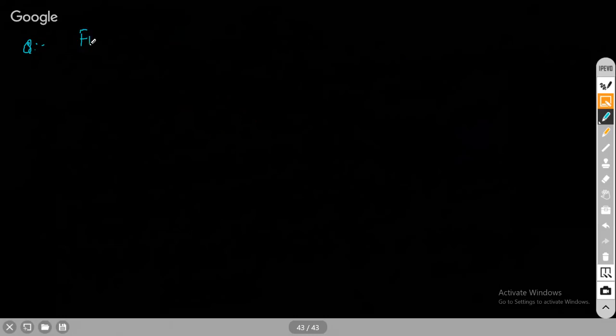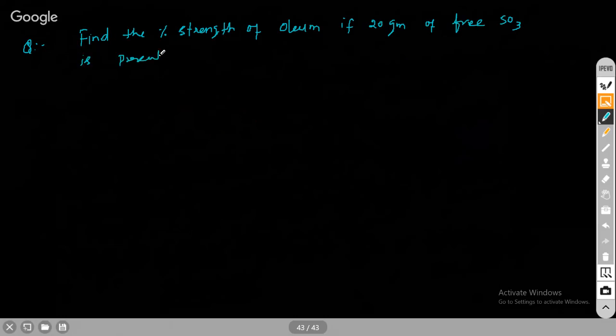Find the percentage strength of oleum if 20 gram of free SO3 is present.